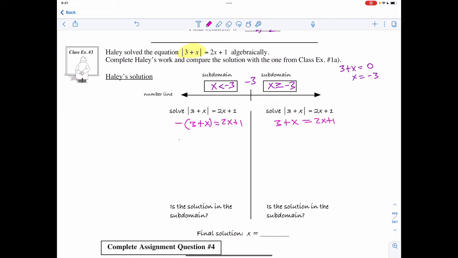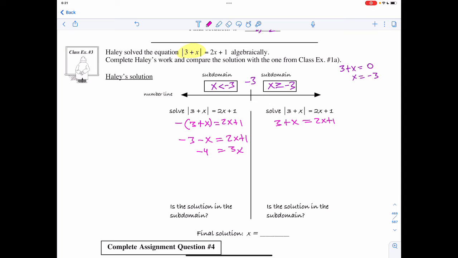If negative 3 minus x is equal to 2x plus 1, then I'm going to subtract 1 from each side to get negative 4. I'm going to add x to both sides to get 3x.